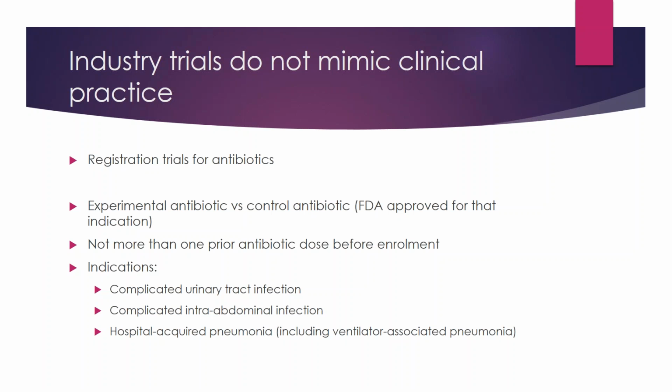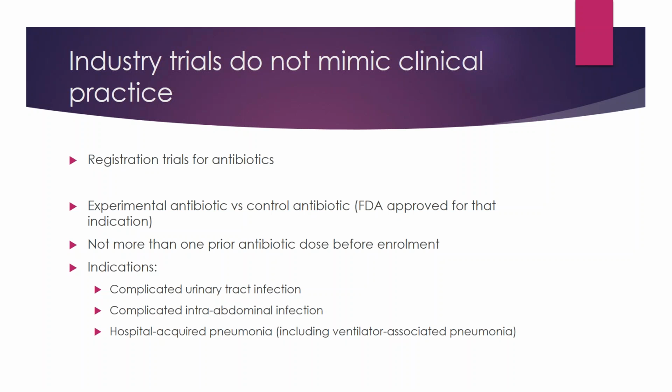One other thing that we note is that as long as an antibiotic has been FDA approved for that indication, it can be judged as the control arm, even if antibiotic resistance is such that there's a substantial amount of resistance to that antibiotic. So we're now seeing trials where the experimental arm, there may not be much resistance at all.